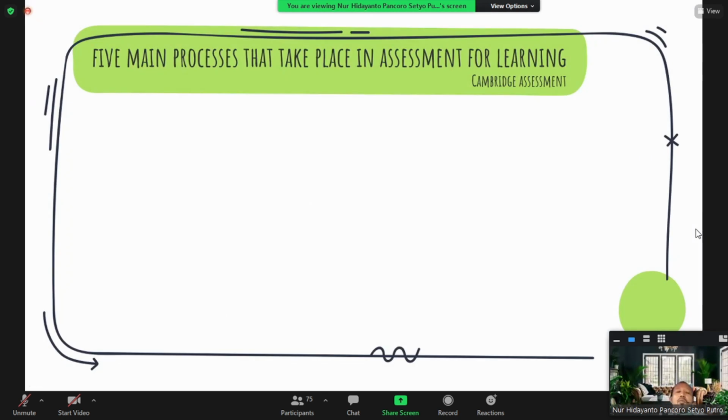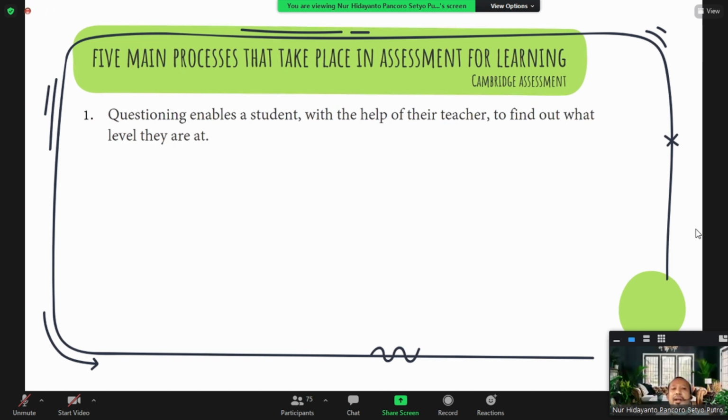Okay, what about the process in assessment for learning itself? Well, I take this note from Cambridge Assessment International Standard, and I find these 5 main processes that normally take place in assessment for learning. The question is this one. We need to ask our students some questions. Where are you now?